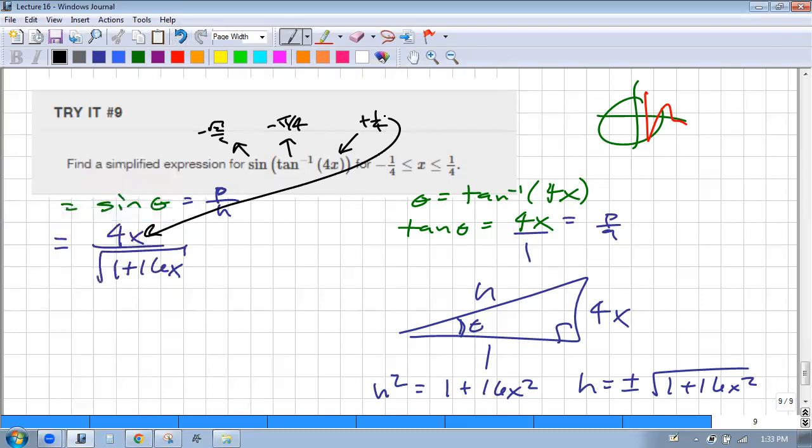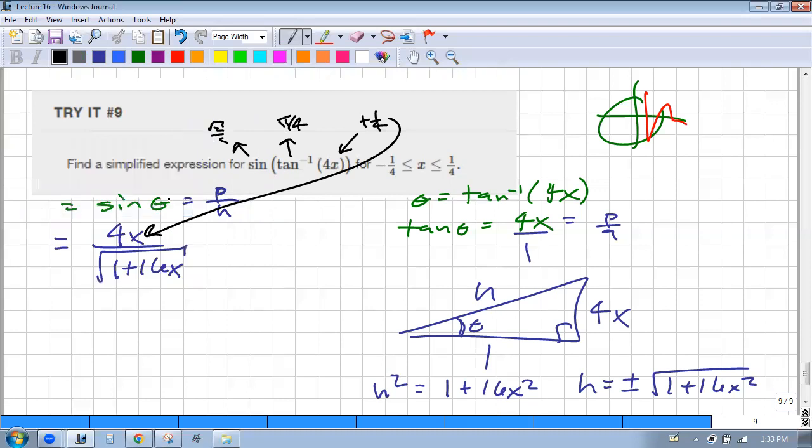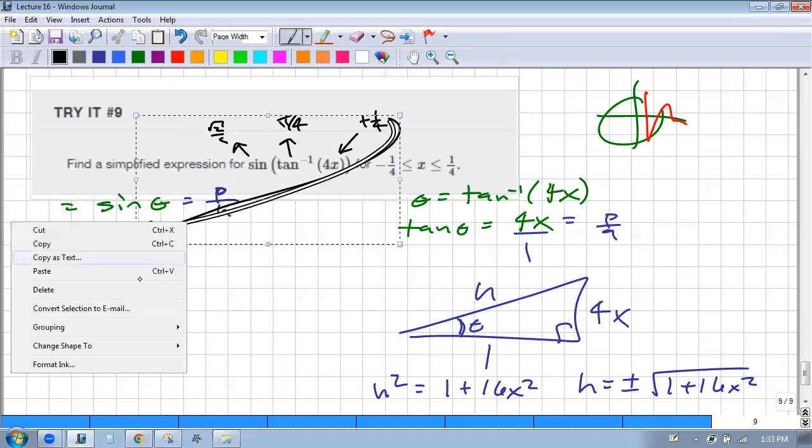So if I plug in a positive 1/4, I get 4 times a fourth, that's 1. Tangent inverse of 1 is pi over 4, and sine of pi over 4 is a positive root 2 over 2. So if I plug in a positive number here, this whole thing's positive, and sine of all this should be positive. So just pick a test coordinate if you need to.